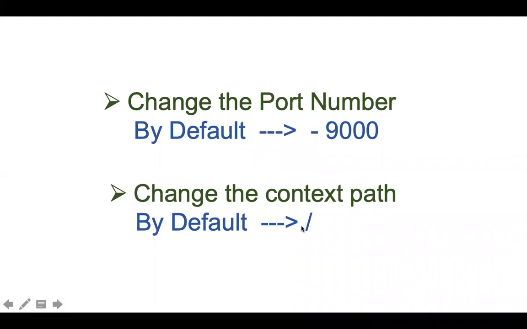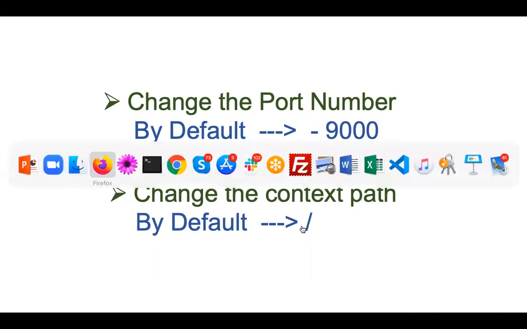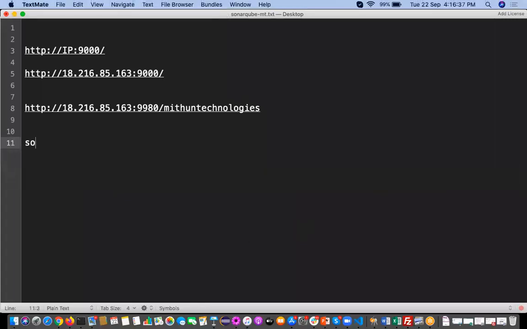For this, you have to connect to the server where your SonarQube server is installed, and you have to update the sonar.properties file. So what is the file? Sonar.properties file. This is the file. Where is it available?